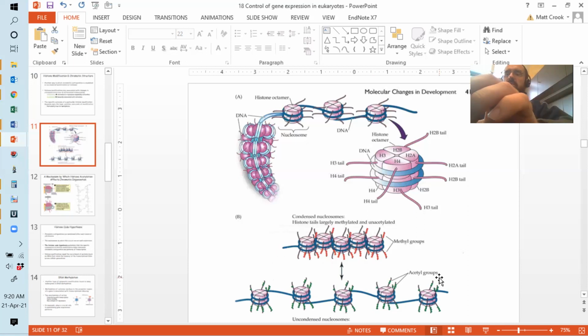And you have histone deacetylases. These are called HDACs. These are going to remove those acetyl groups from the tails. Those tails bind more tightly to the DNA.